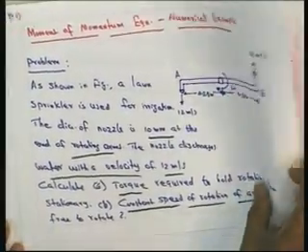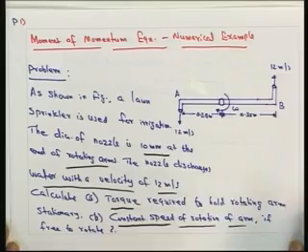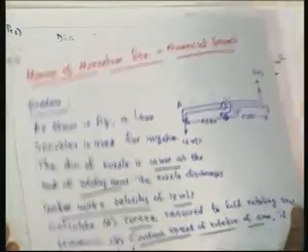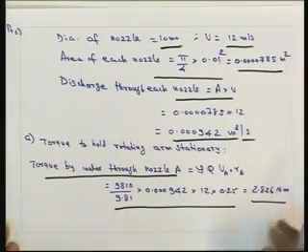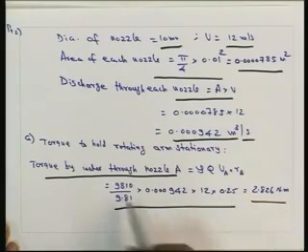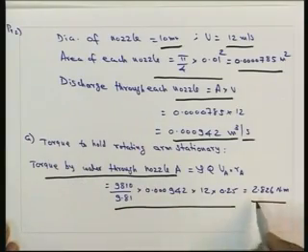Here you can see the distance is 0.25 meter, from here to here. So, we get the torque by water through the nozzle as 2.826 Newton meter.